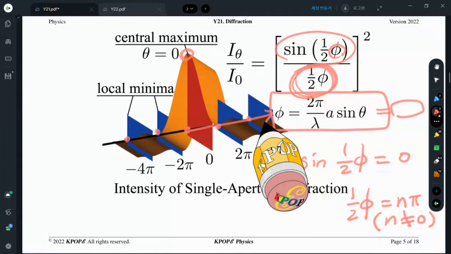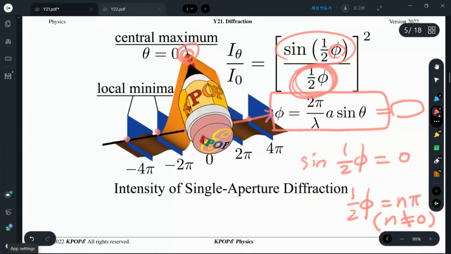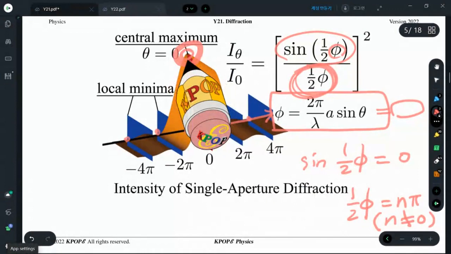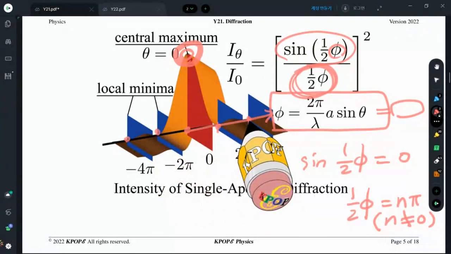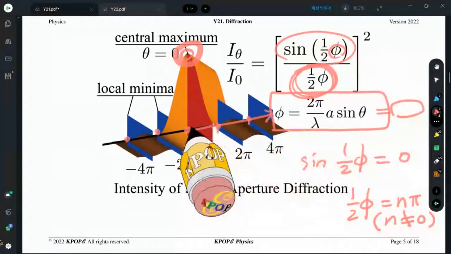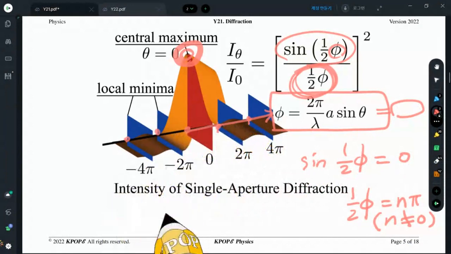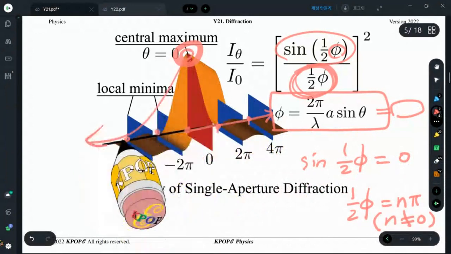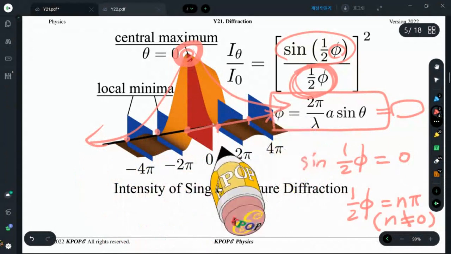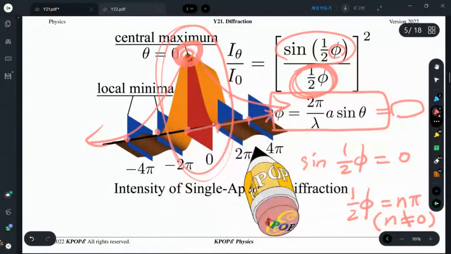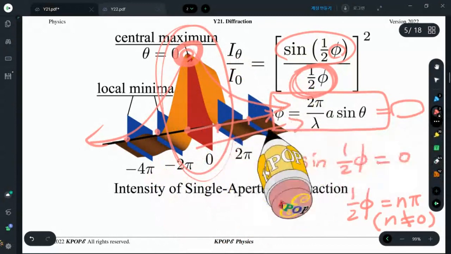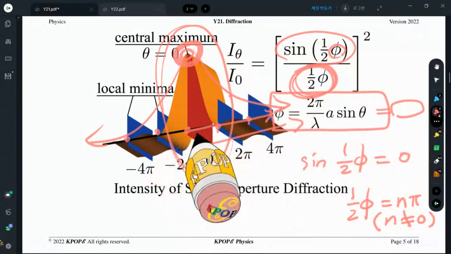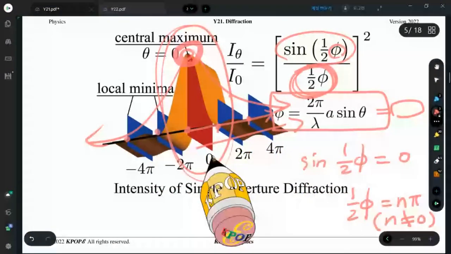That's quite important. So there is a sharp peak at the center. And then, even though there is a fringe, bright, dark repetition, the global shape decays very, very rapidly. So central part is very bright, and as you go far away, the brightness decreases, becomes dark, even though there is a repeated fringes.